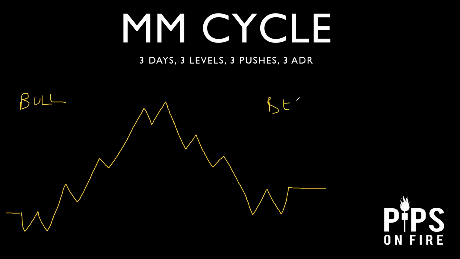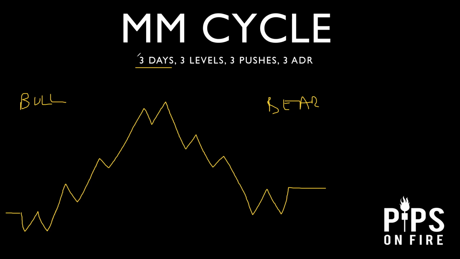Now, the cycle, it can be 3 days. For US30, I've seen it do the 3 days, and I'll show you exactly what I mean on a live chart. Other currency pairs, Forex pairs, I would say 3 levels, okay?